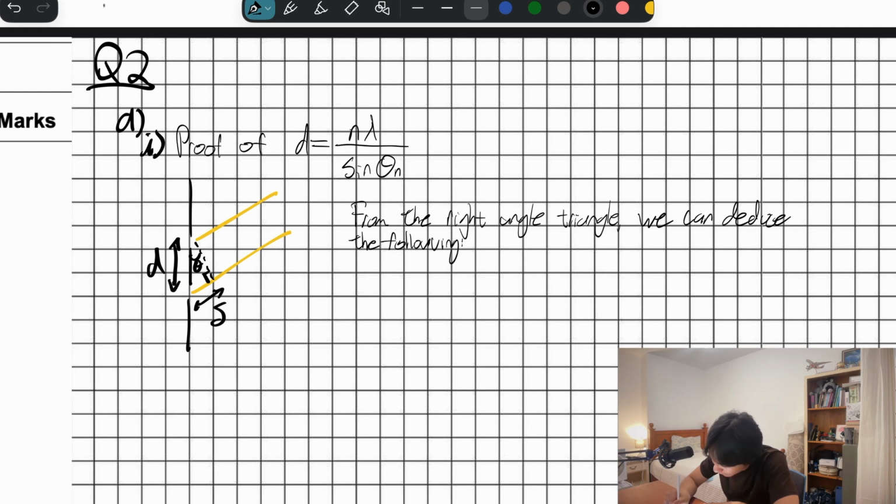You can say that sine of theta n, since that is a right angle down here, because it's technically theta n, is going to be adjacent over hypotenuse. Hypotenuse is t.